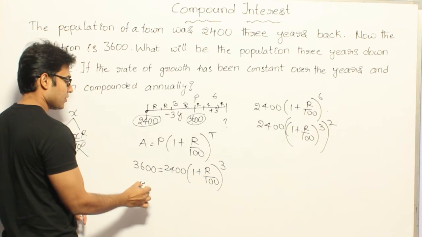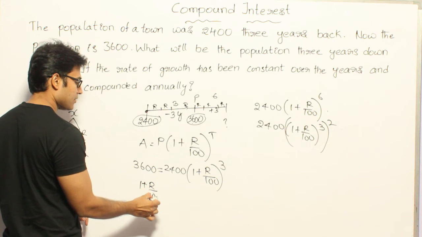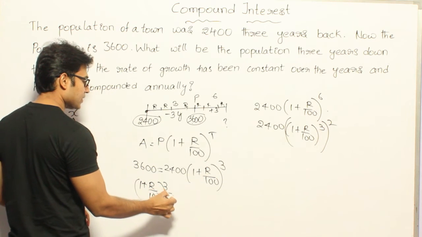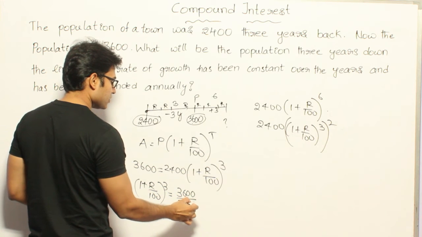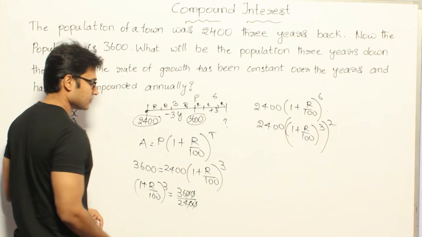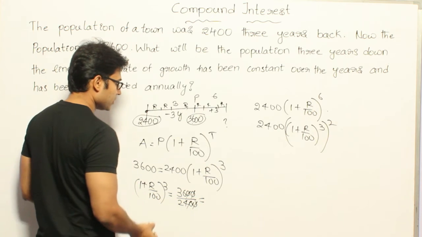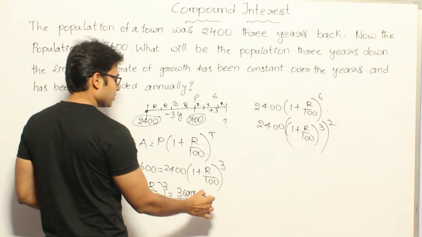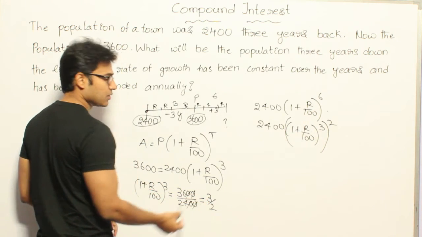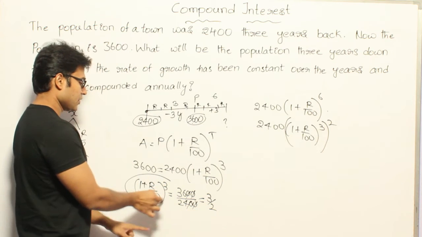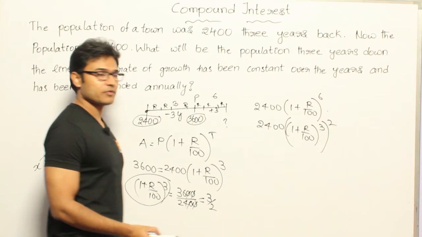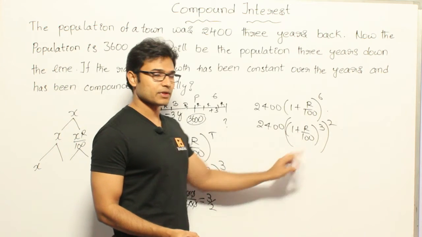See, (1 + r/100) whole cube is equal to 3600 divided by 2400, right? Now it is going to be 3 by 2, 12 threes, 12 twos. Now we know the value of (1 + r/100) whole cube. Now I can directly substitute over here. Then what do I get?